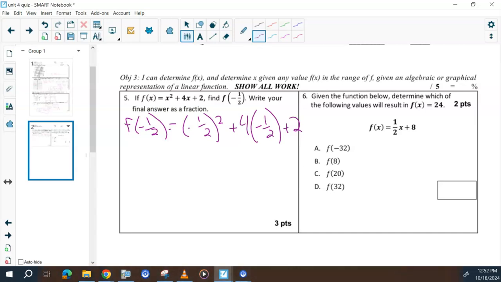This one, you need parentheses. This one has to have parentheses as part of the f of x. So then as you start to solve, negative times a negative is a positive 1/4. This should have been a positive 2, a negative 2, and then a positive 2, to which the 2's cancel. So f of negative 1/2 equaled 1/4. Something in there is wrong now. Probably.